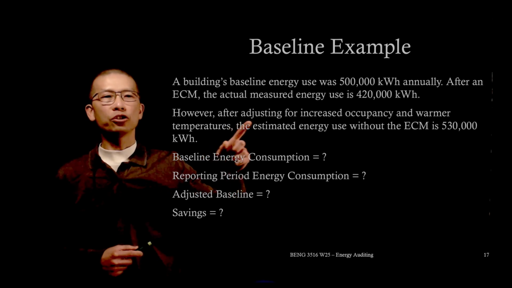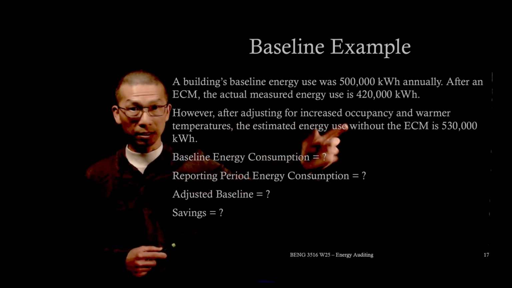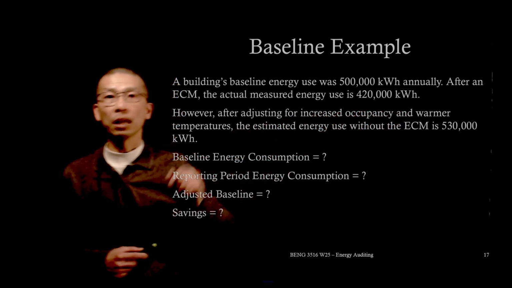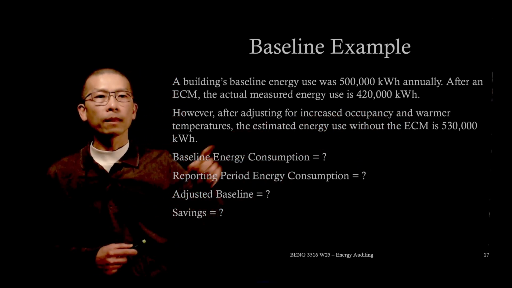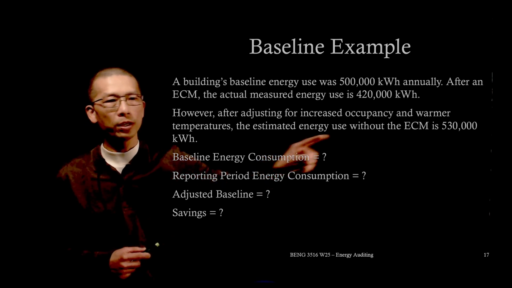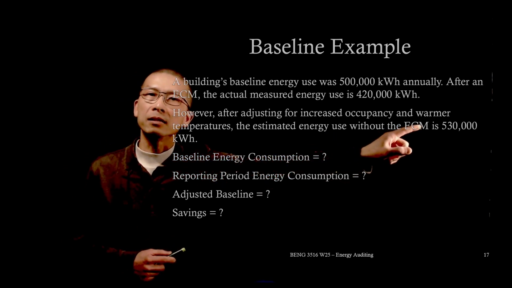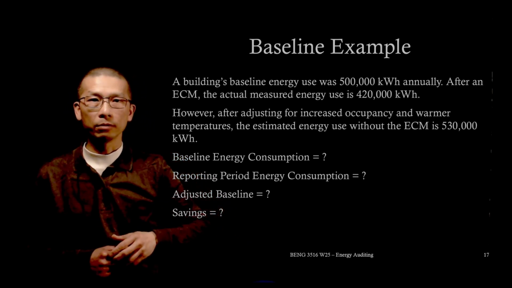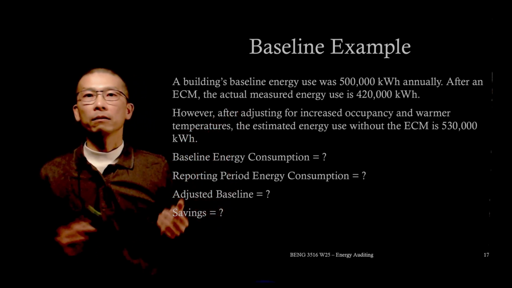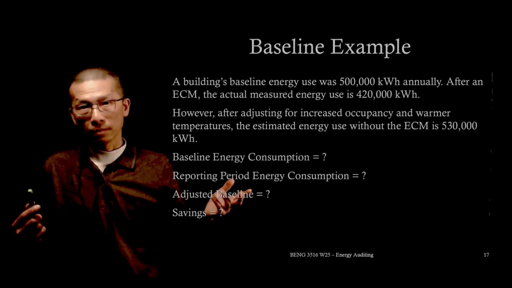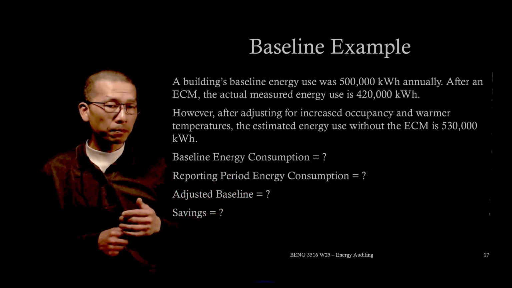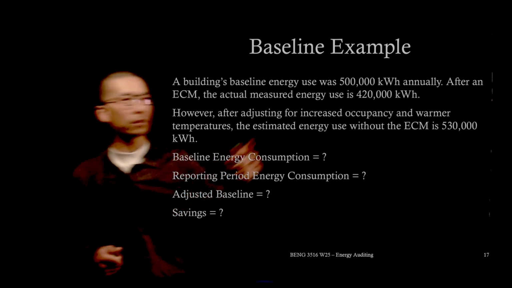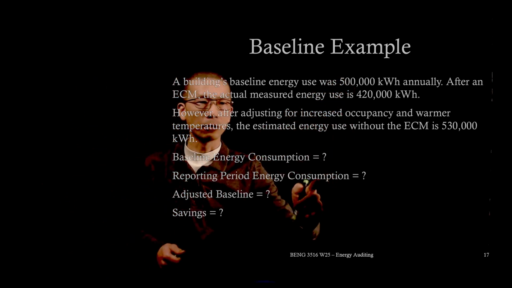However, after adjusting for increased occupancy, so the number of people increases, and warmer temperatures, the weather changed, the estimated energy use without the ECM would be 530,000 kilowatt hours. So this is probably, say, a chiller system upgrade, right? Chiller system. So what is the baseline energy consumption here? Well, it's given, 500,000 kilowatt hours, right?